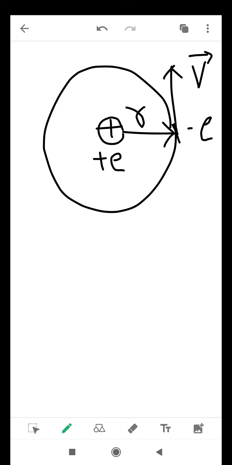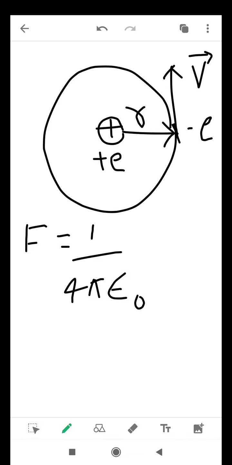Now let us consider the Coulomb's force of attraction between the nucleus and the electron. That is given by Coulomb's force F equal to 1 divided by 4 pi epsilon naught, charge of the nucleus e, also charge of the electron e, so e squared, divided by r_n, since we are considering the nth orbit.